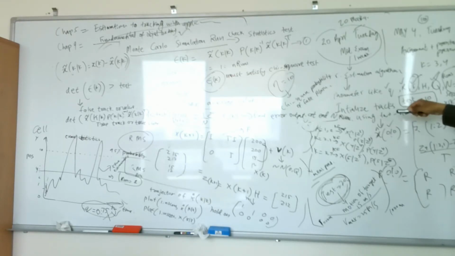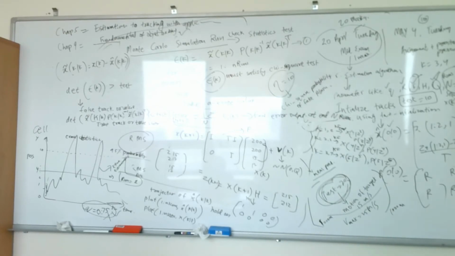R is your sensor noise, and Q is your plant noise, which is your target model noise. Okay. Clear?